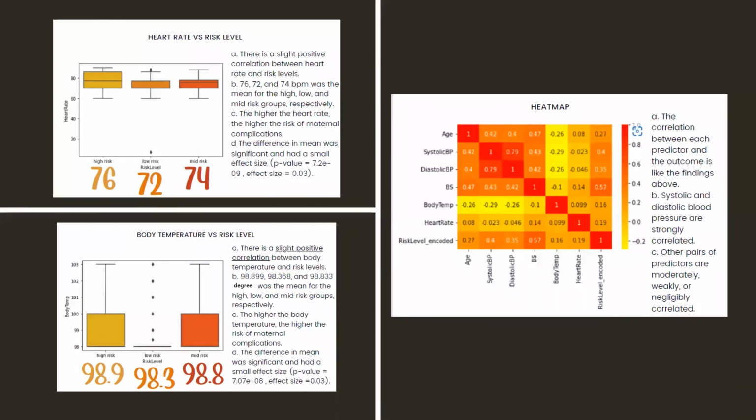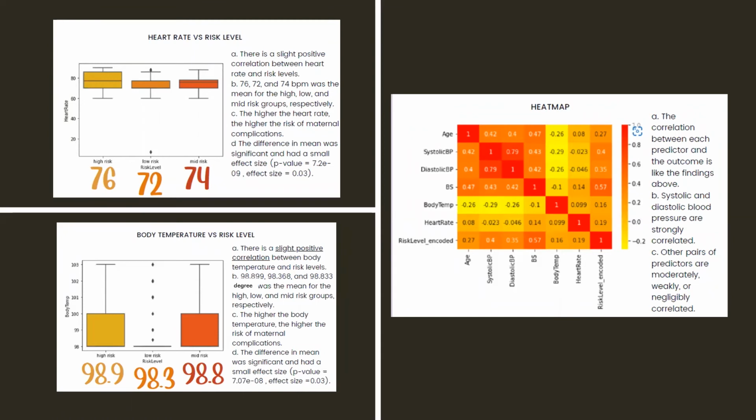If we look at heart rate and its relation to risk level, here we have a slight positive correlation. And so the mean was 76, 72, and 74 beats per minute for the high, low, and mid-risk groups, respectively. And we also see here that there was significance in the difference in the mean, but this time we had a small effect size.